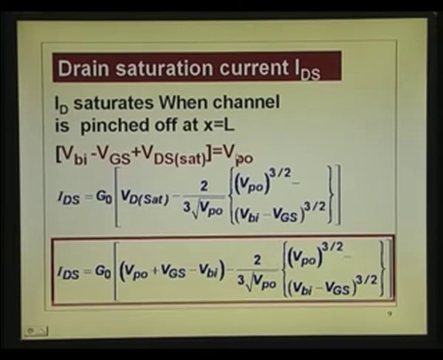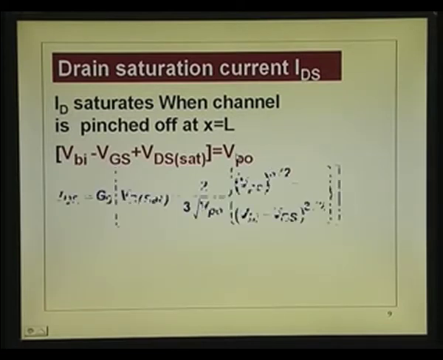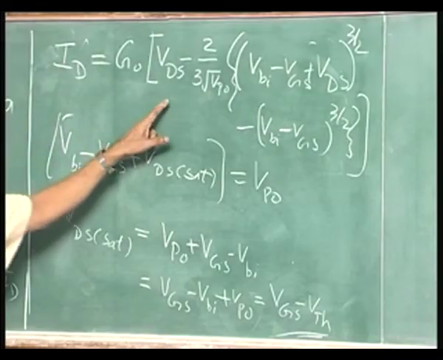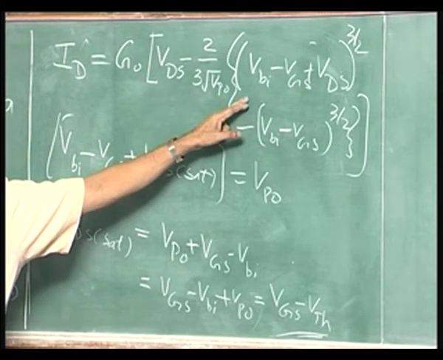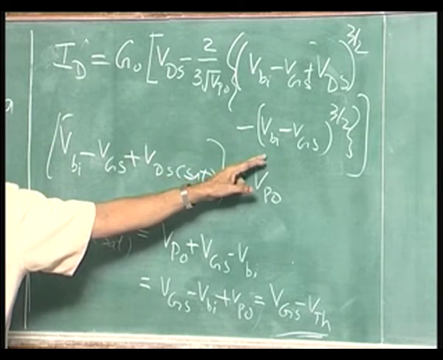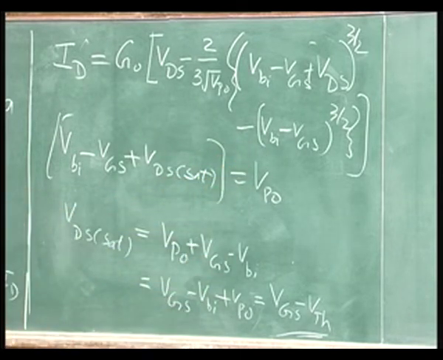Let me just see here. The first term within the bracket is Vp0 to the power 3/2, and this is that VA, that is what we have written here. So, I am just going back to show you that we have not changed anything.